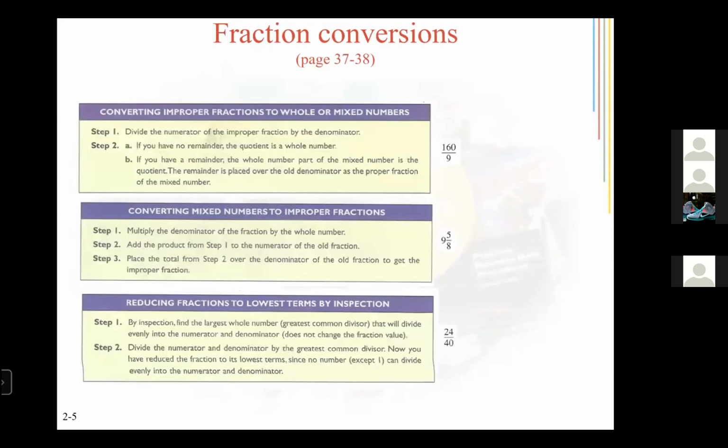Okay. So moving on, one of the things we often have to do with fractions is convert from one form to the next. The first fraction that you see there is an improper fraction, 16 over 9. We can convert that into a mixed number because if you divide 9 into 16, you're going to get a whole number, and then still get something left over, which you can write as a fraction.